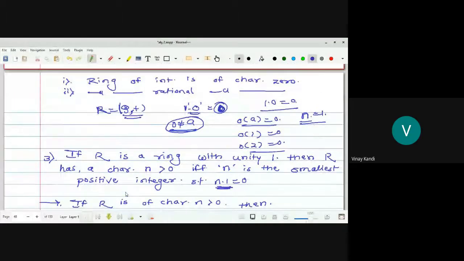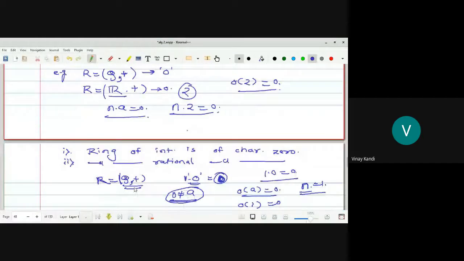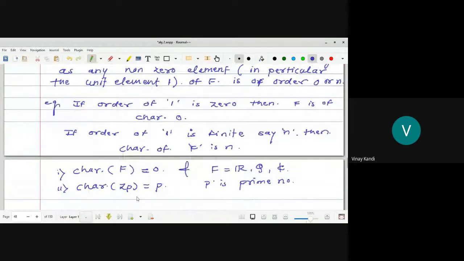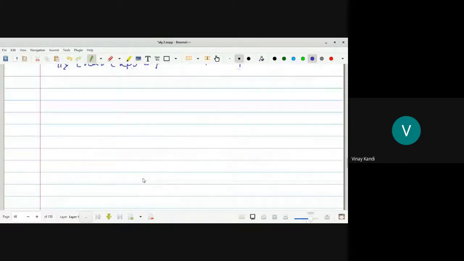Okay, so the next definition is the derivative of a polynomial. What is the derivative of a polynomial?